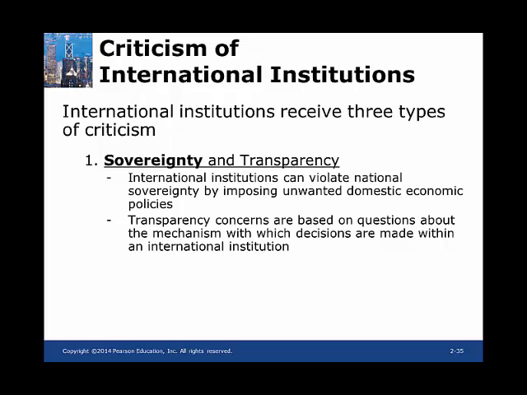International institutions can violate national sovereignty by imposing unwanted domestic economic policies. Transparency concerns are based on questions about the mechanism with which decisions are made within an international institution.